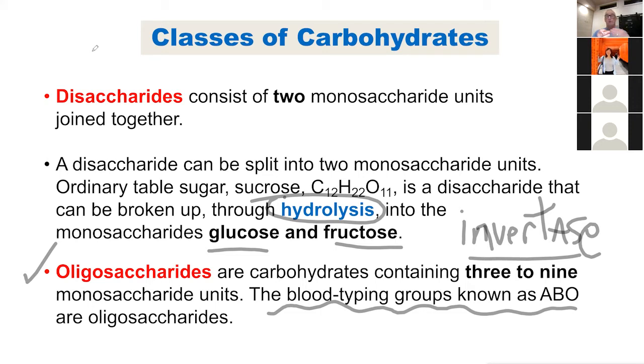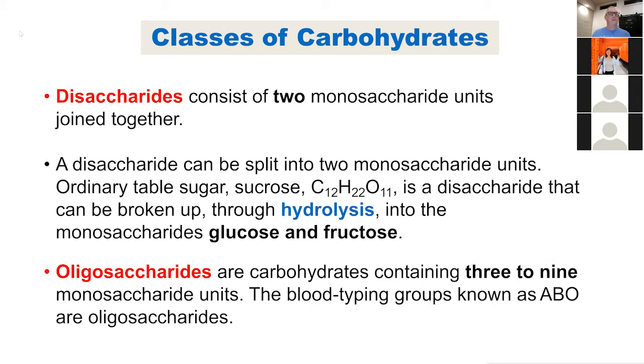And so we'll learn what the combinations of monosaccharides are that make blood groups, and why certain blood groups are universal donors and why others are universal acceptors. We'll learn why that is. I find that part really interesting too.